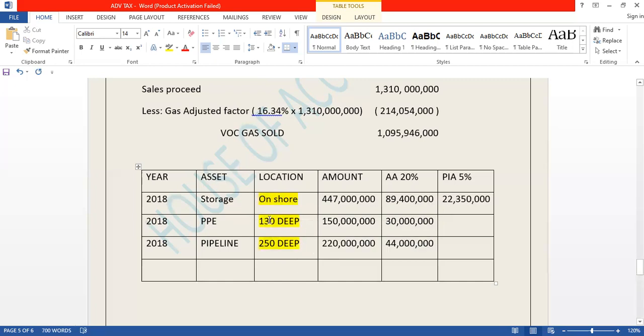So this is 130. This is 250. So we have a range that we are going to use from 1 to 100, or from 100 to 200, then from 200 to 300. So under this now, what are we supposed to use?